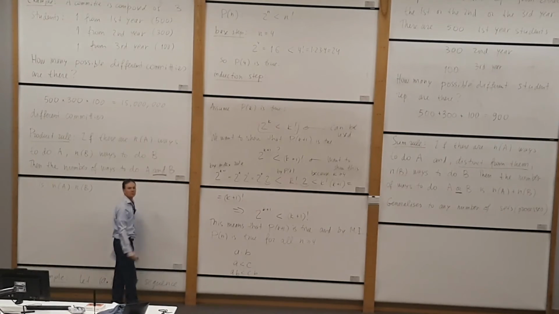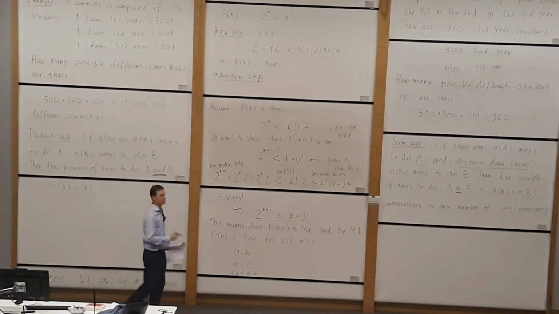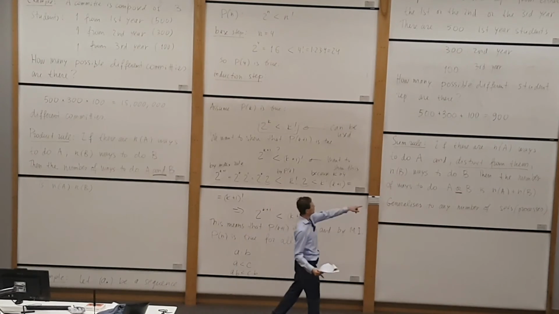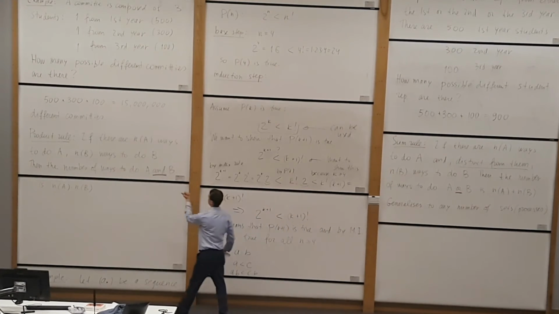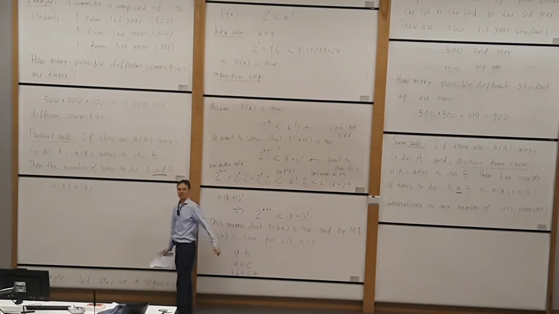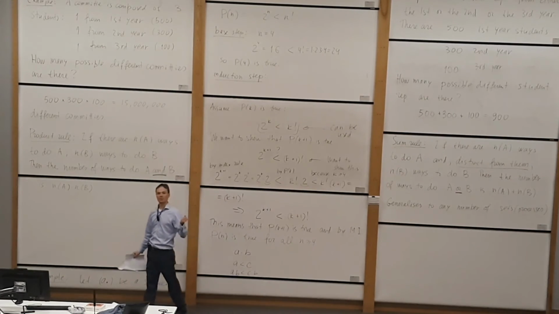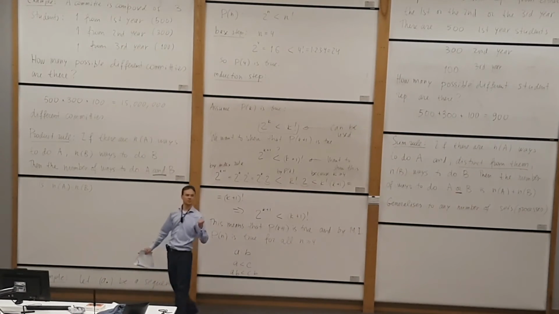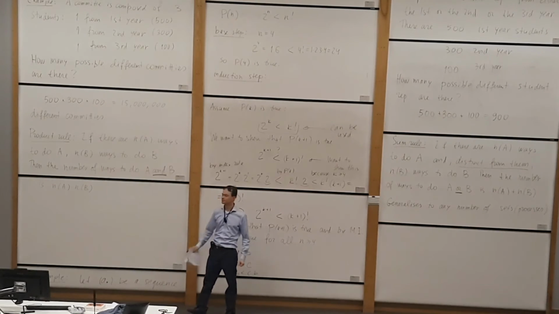So note this "and" here, right? It tells you what type of counting question this applies to. In the previous rule it was to do A or B. Now in this rule you have to do A and B. You have to choose the first year representative, and you have to choose the second year representative for your committee.